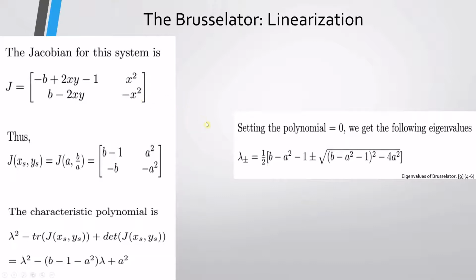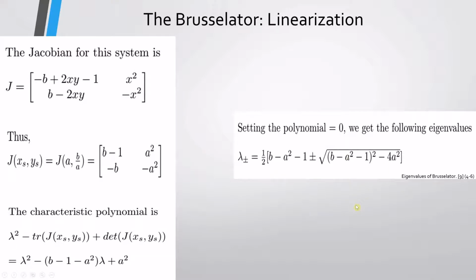Thus, evaluating at our steady state yields the following matrix in the middle. By applying the characteristic polynomial from our 2x2 lemma, we get the characteristic polynomial shown here. By setting this polynomial equal to 0 and solving for lambda, we get the following eigenvalues shown on the right.